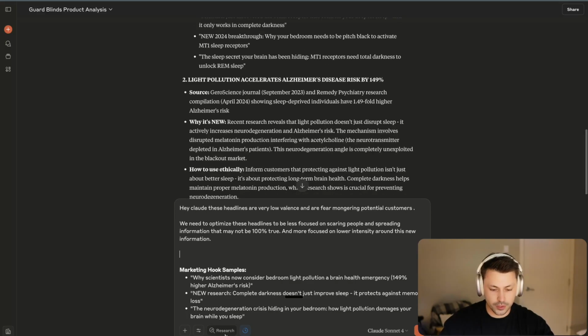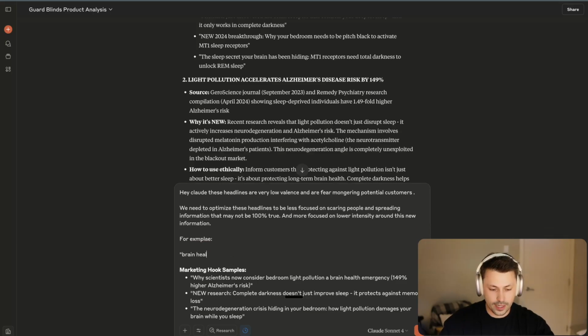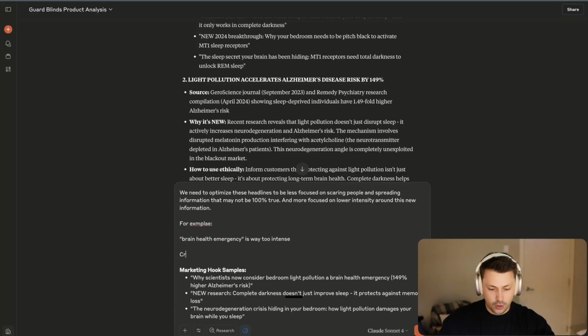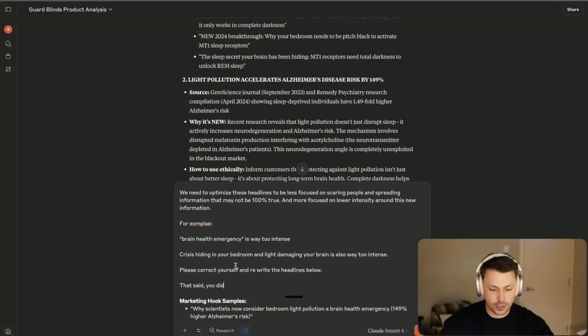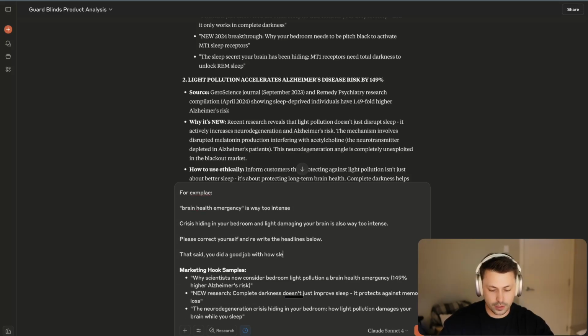Okay, and so here what you're going to do is say, for example, brain health emergency is way too intense. And then you can also say crisis hiding in your bedroom and light damaging your brain is also way too intense. Please correct yourself and rewrite the headlines below. That said, you did a good job with how sleep can protect against memory loss.